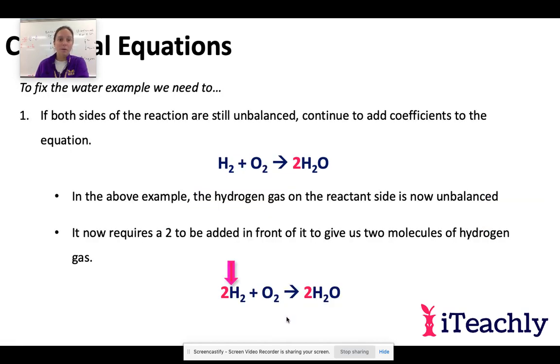I got to keep going. So what can I do? Well, remember, oxygens are okay, but how many hydrogen do I have over here? I have 4. So what can I do to make 4 hydrogen over here? I can put a 2, because 2 times 2 equals 4 hydrogens. So this allows me to have 4 hydrogens in total on the reactant side.